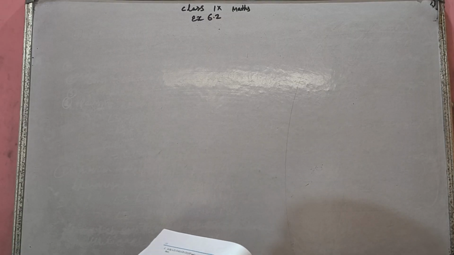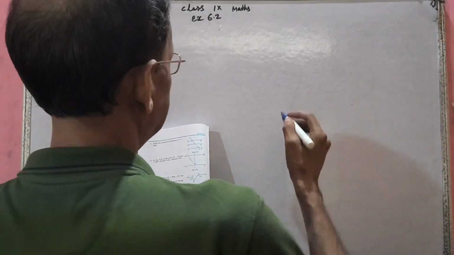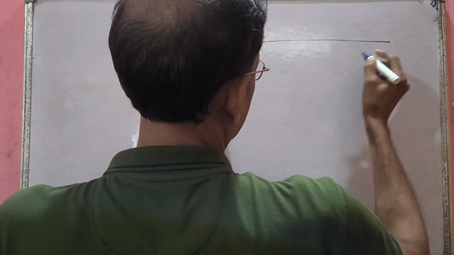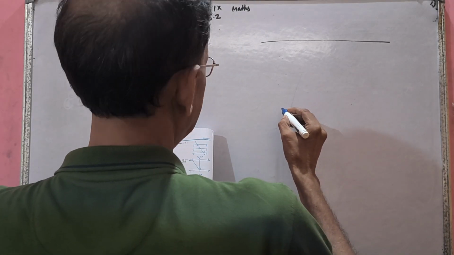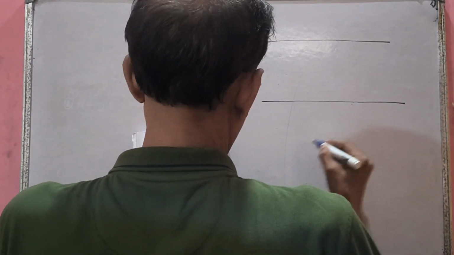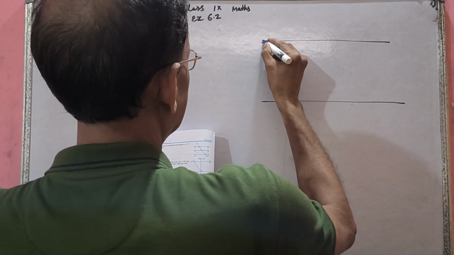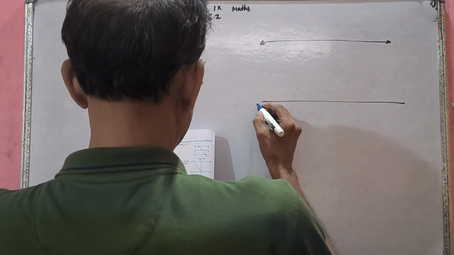Number 5 is also simple. Give an arrow here.